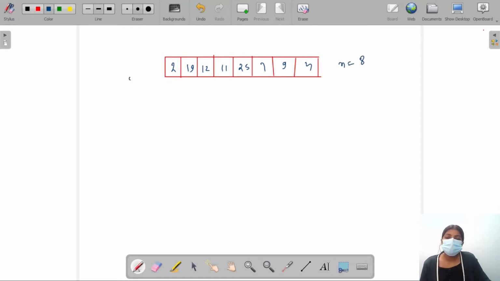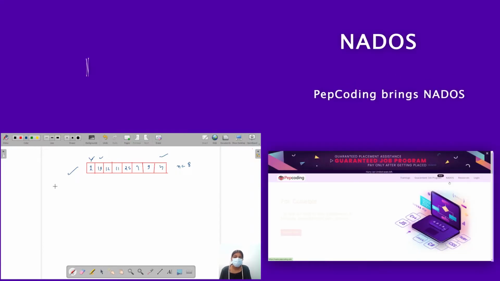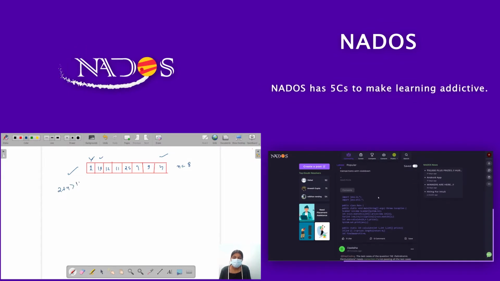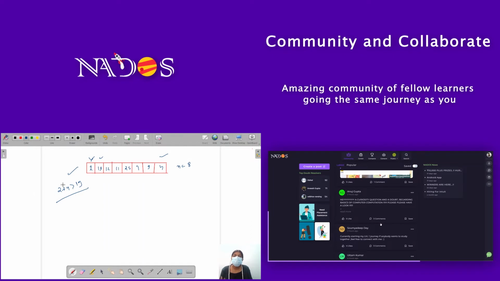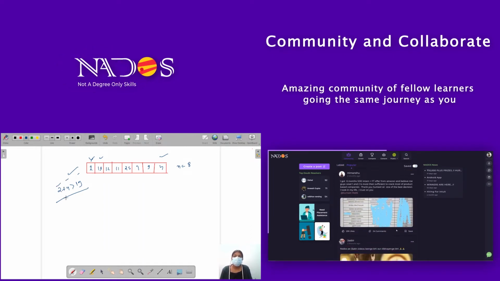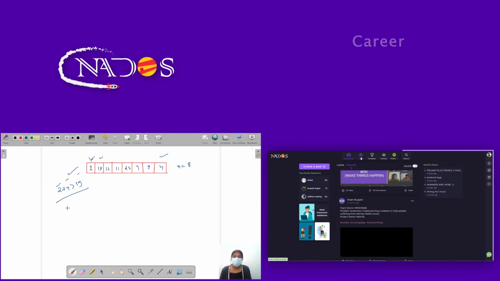So what do I have to do? First of all, I will take any three sides. Let's say I take 2, 4 and 19. First I will check if it forms a triangle or not. If it does, we calculate the perimeter. The condition for checking whether three sides form a triangle is that the sum of any two sides should be strictly greater than the third side.